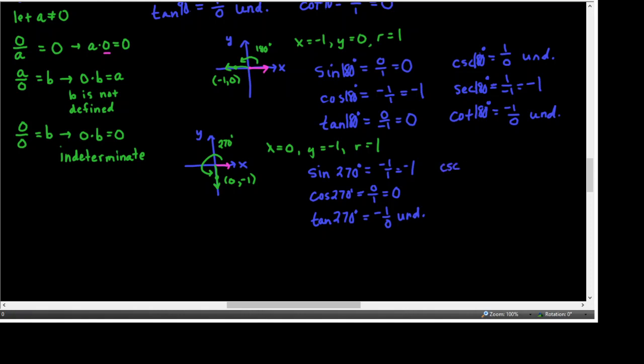Cosecant of 270 degrees is r over y, so -1. Secant of 270 degrees is r over x, so undefined. And cotangent of 270 degrees is x, 0, over y, -1, which is 0.